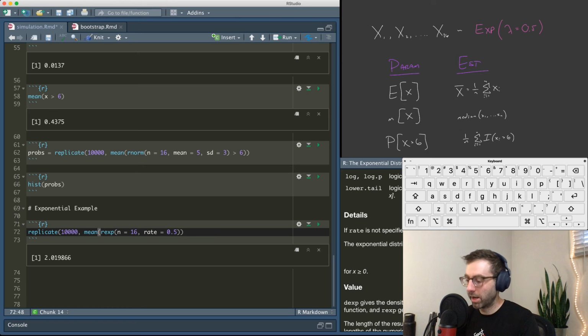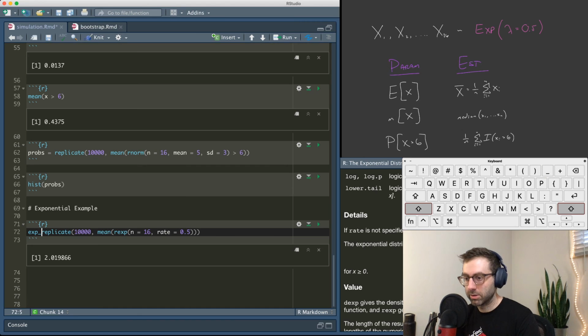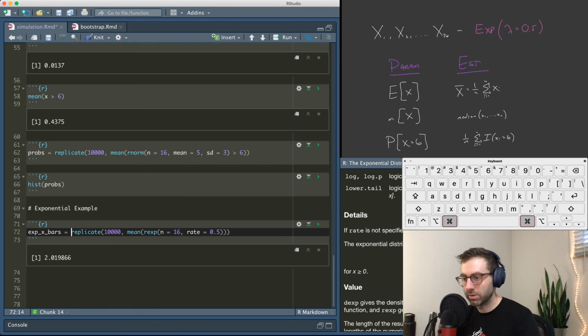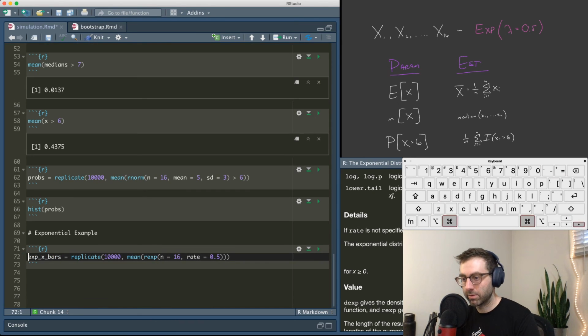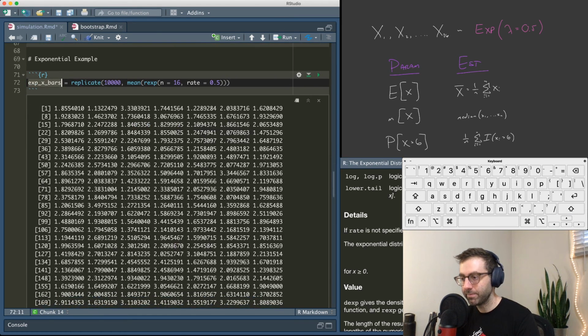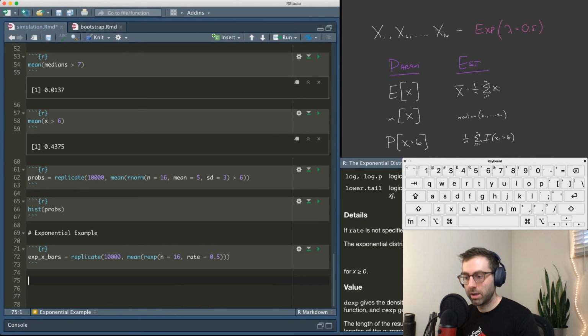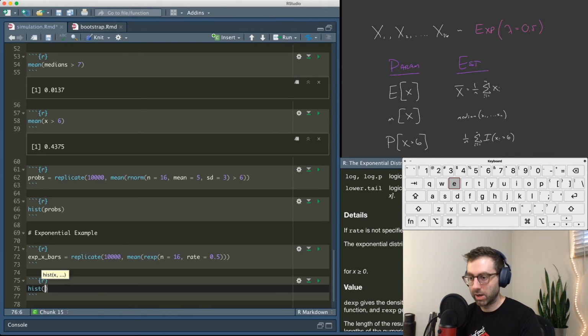Again, the more the better, because then you get a better estimation of the empirical distribution of, in this case, the sample mean. We'll call this exponential X bars. Run that. Have a look at some of these. Okay, that looks like it worked out okay. Now let's look at a histogram of those.